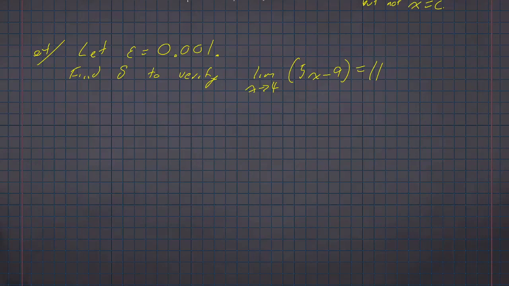Well, the definition of a limit says we want the absolute value of 5x minus 9 minus 11 to be less than epsilon, 0.001. Right? Combining some like terms, 5x minus 9 minus 11 is 5x minus 20.